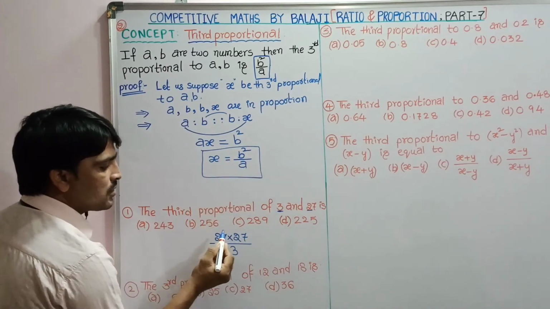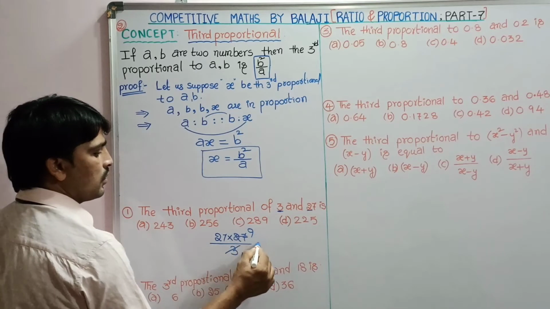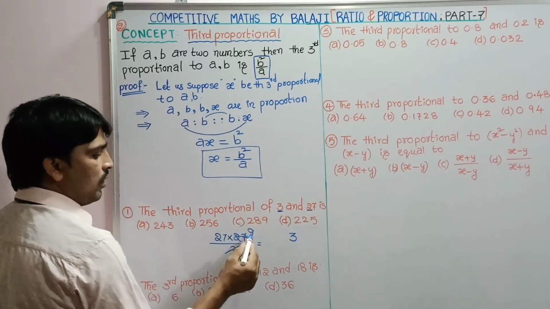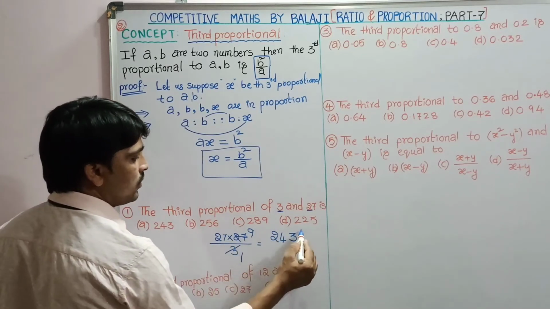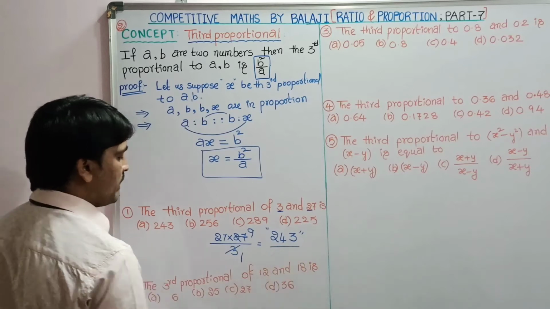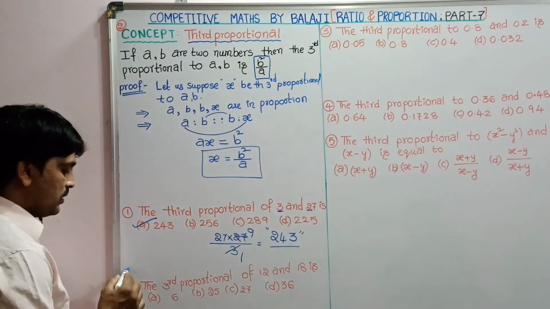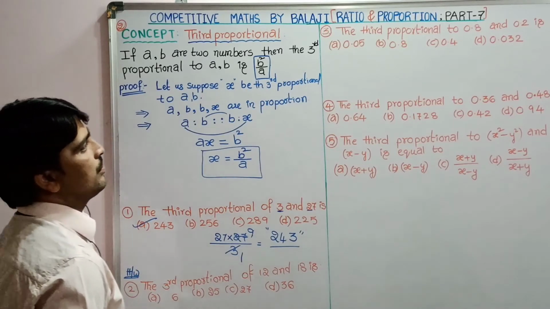B square can be written as b into b. 9 sevens are 63. 9 twos are 18 plus 6 is 24. So 243 by 1. That is, 243 is the third proportional of 3 and 27. And the second question is for you people, try yourself.